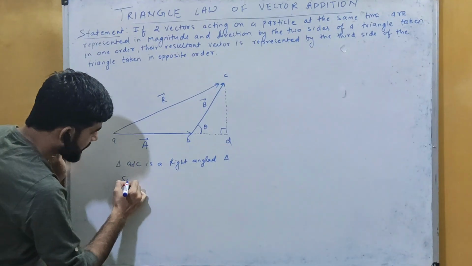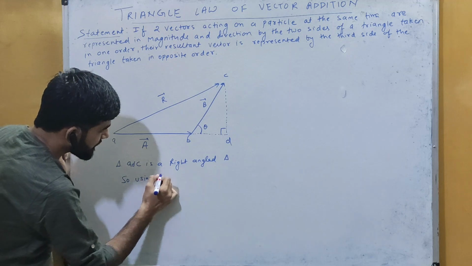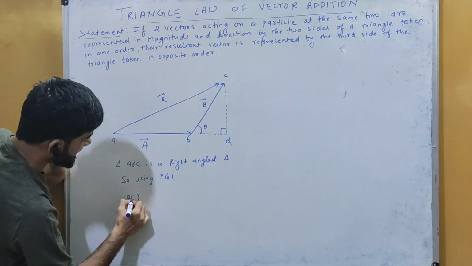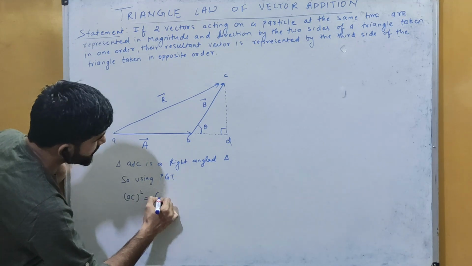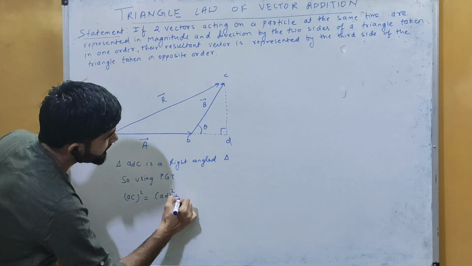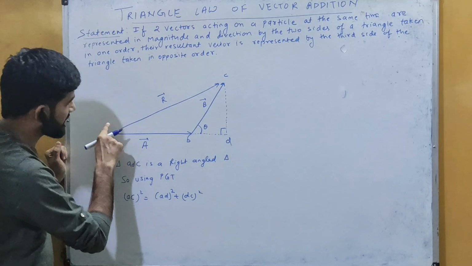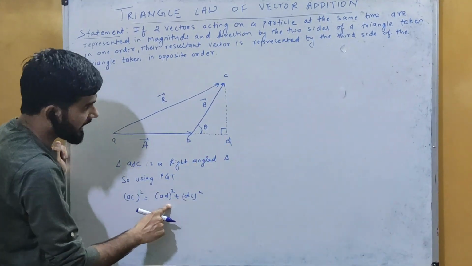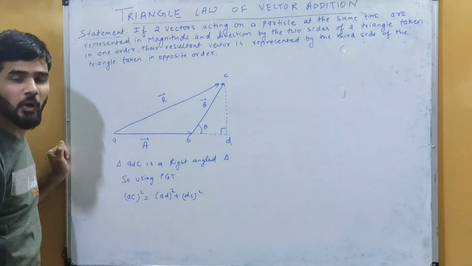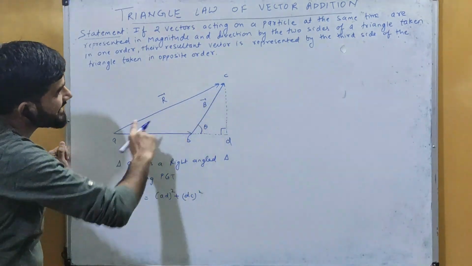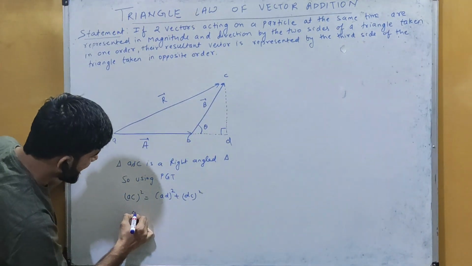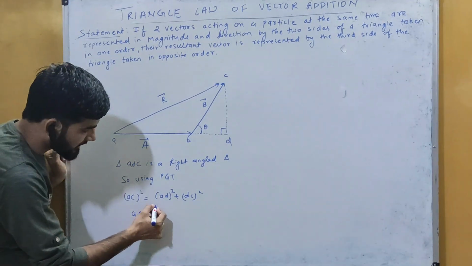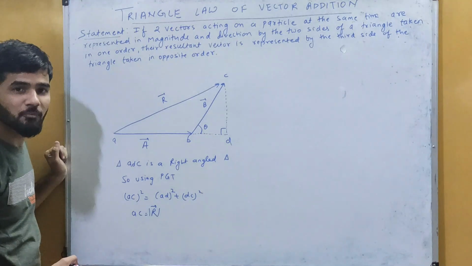Using the Pythagoras theorem I can write AC square is equal to AD square plus DC square. In this triangle, AC is equal to R, the resultant vector, which we can write in terms of magnitude.